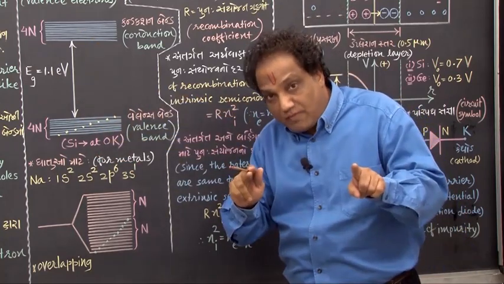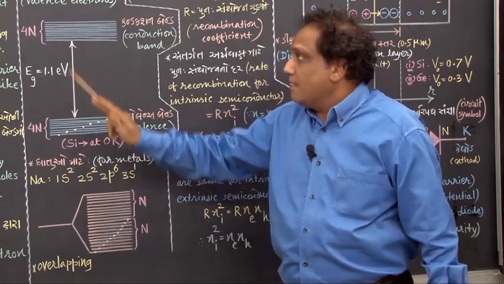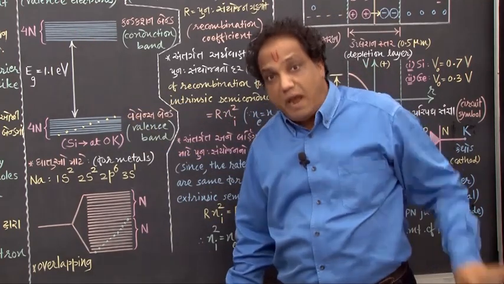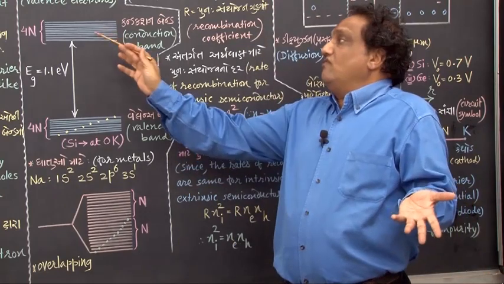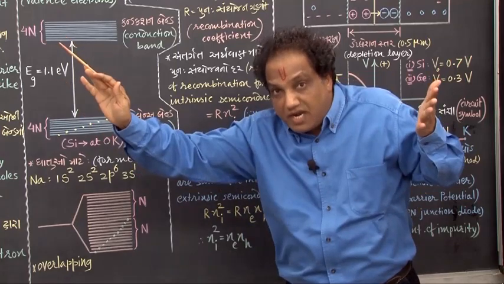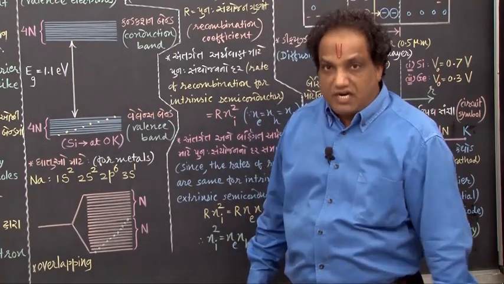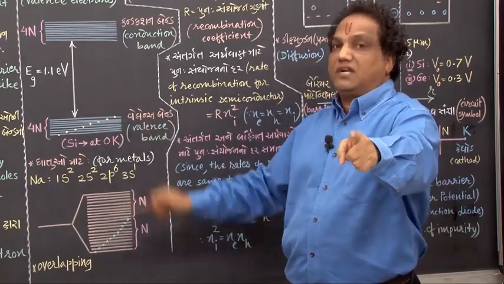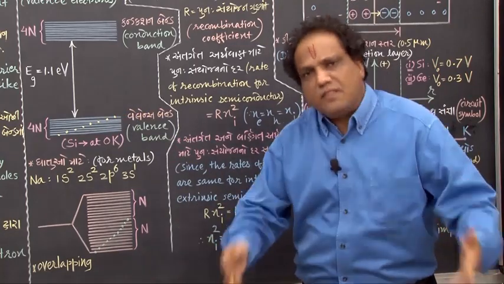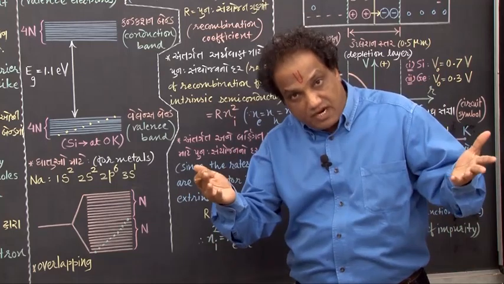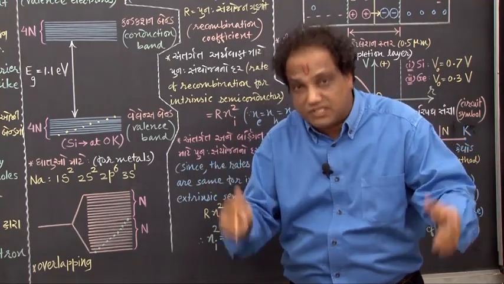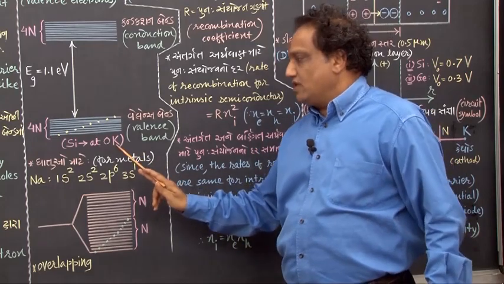So at absolute zero temperature in a pure semiconductor, the conduction band is completely empty, and because there are no free mobile charges in the conduction band, no electricity can be conducted. If no electricity is conducted, you can say the semiconductor will behave like an insulator. That's why remember, all pure semiconductors will behave like insulators at absolute zero temperature.